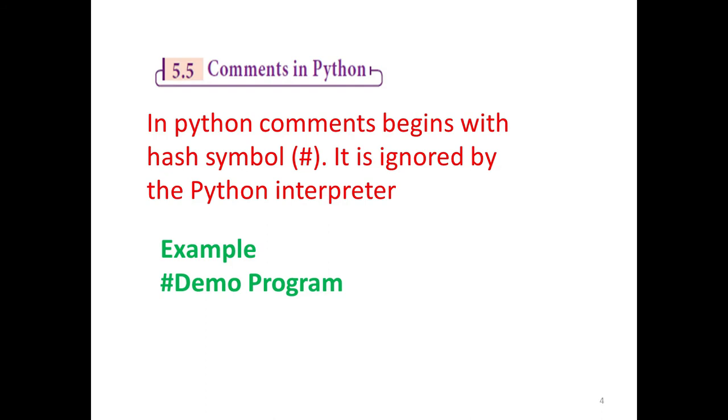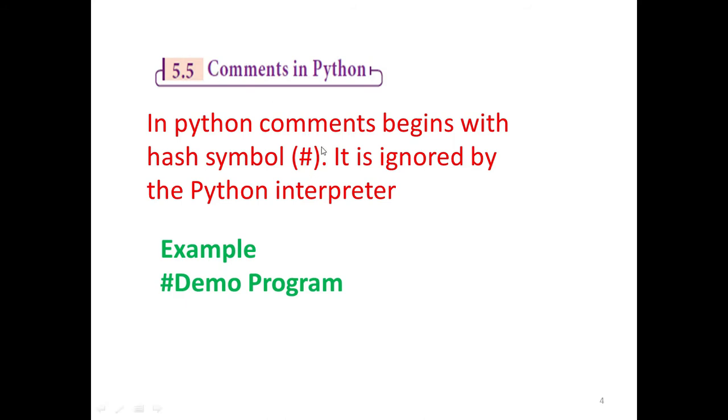Comments in Python. Comments in Python means, if you learned in the first year C++ program, you give the first line as a comment line. The same process can be followed in Python also. In Python, comments begin with the hash symbol.